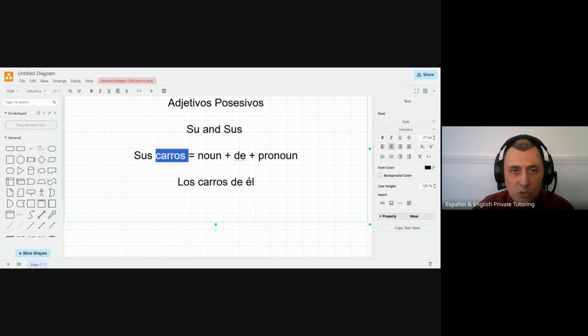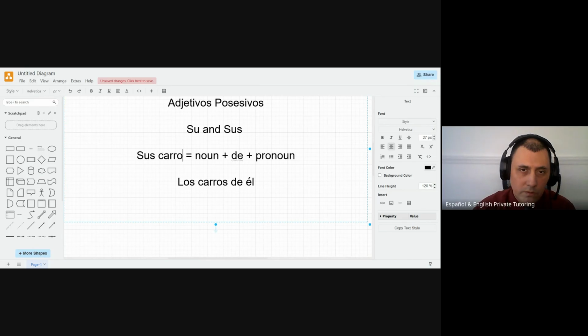Okay, so sus has to agree in number with the noun it is describing. The thing the book is not explaining, before I continue, I'm going to give you another example here so you notice what is happening here.